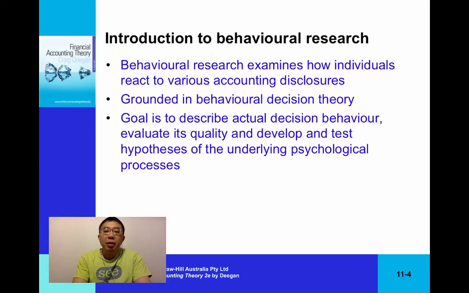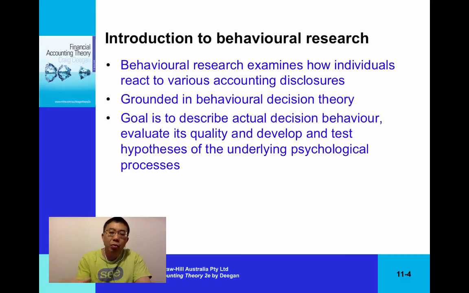Because we are talking about individual users, which of course refers to human beings, a lot of behavioral accounting research is grounded in behavioral decision theory, which is a sub-theory within the discipline of psychology. The goal of behavioral accounting research is to tell us what the actual decision behavior of users is.